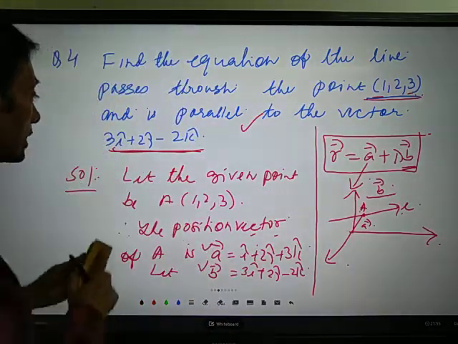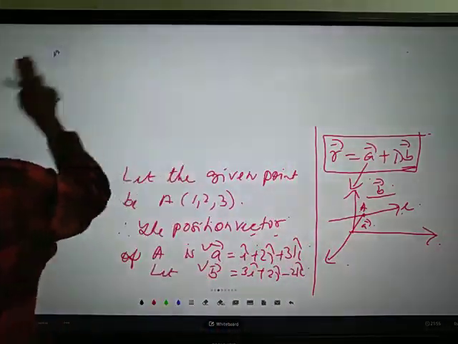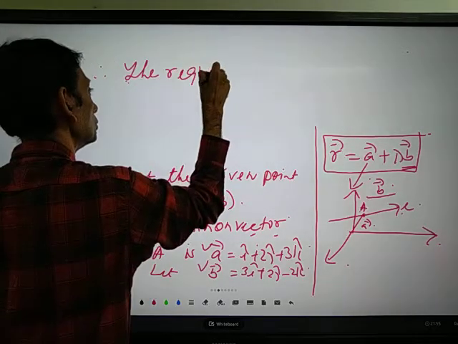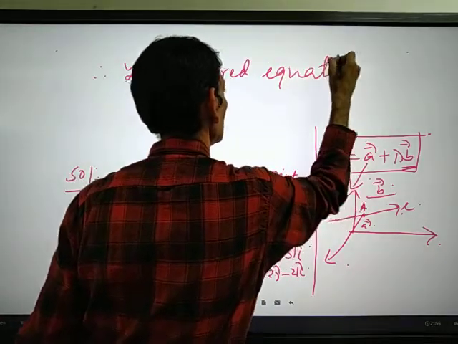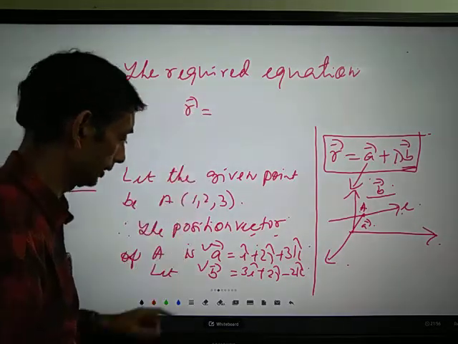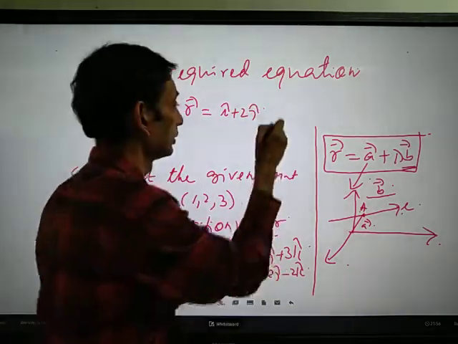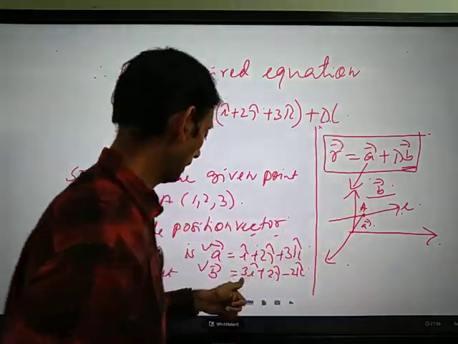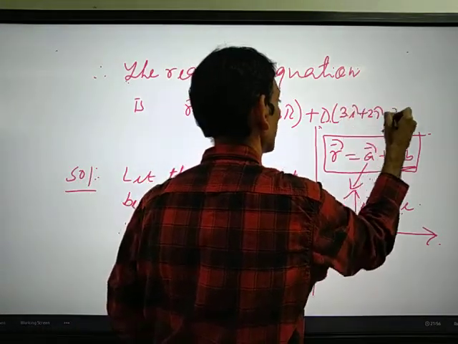Therefore, the required equation is, okay, the required equation is r equal to a, which is i cap plus 2j cap plus 3k cap, plus lambda times b, 3i cap plus 2j cap minus 2k cap.